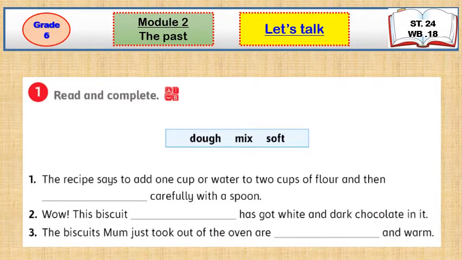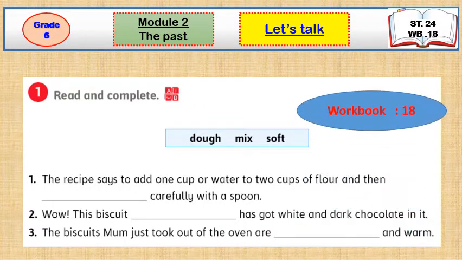Now open your workbook, please, page 18. Exercise number 1, read and complete. We want to fill these blanks with these words: dough, mix, and soft. Number 1, the recipe says to add 1 cup of water to 2 cups of flour and then what?